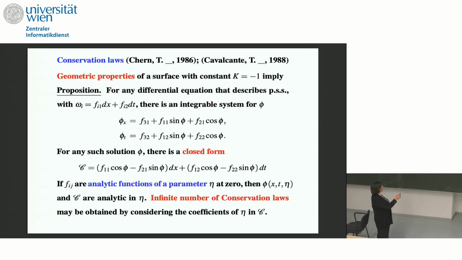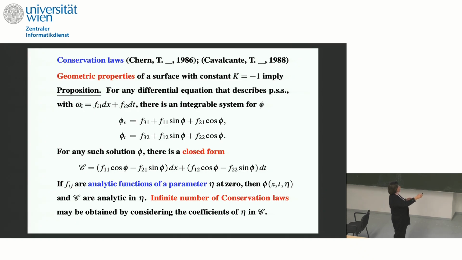So once I have the equation, I have the Fij's, and if it describes a pseudo-spherical surface, that means that this system for phi is integrable in the sense of Frobenius, so the mixed derivatives commute. So there exists such a phi, which is this angle, and moreover, this is a closed form.